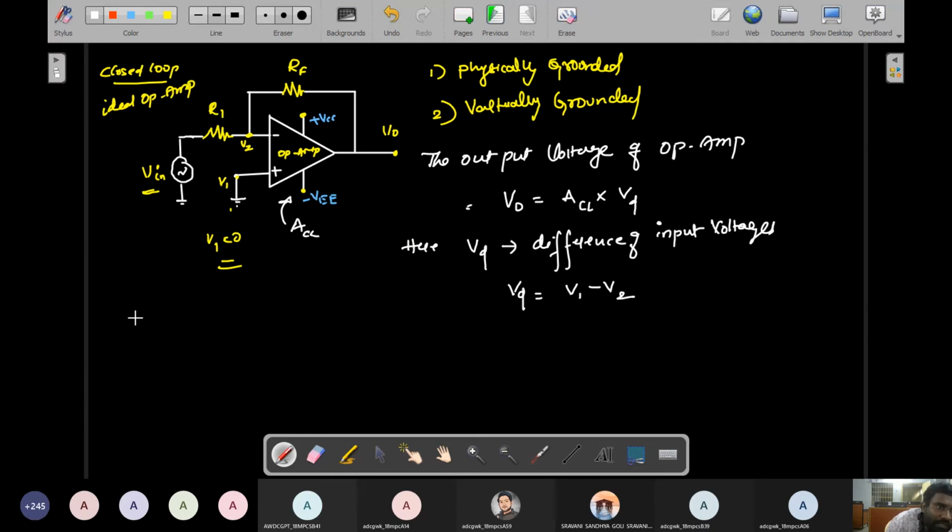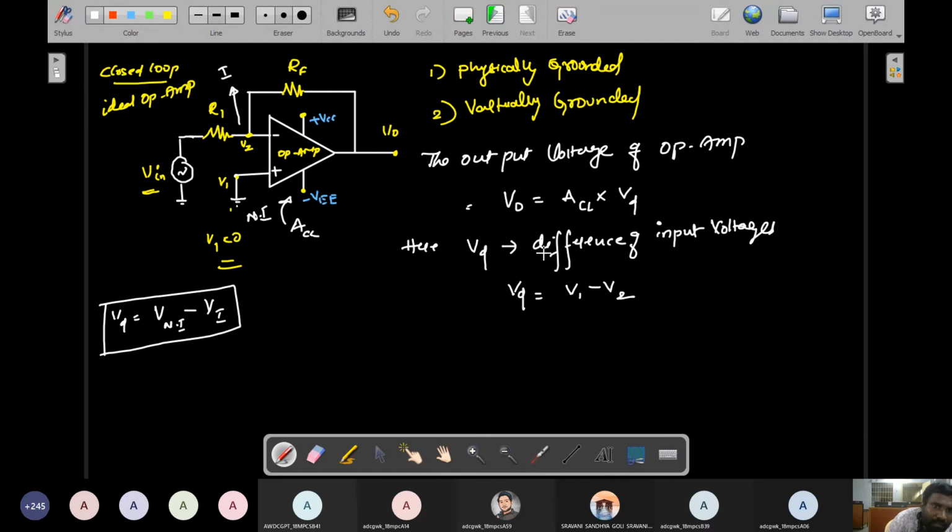This is the non-inverting terminal and this is the inverting terminal. Every time, the difference VD is the potential at the non-inverting terminal minus the potential at the inverting terminal. Here V1 is the non-inverting terminal and V2 is the inverting terminal, so VD is equal to V1 minus V2. So I simply substitute.